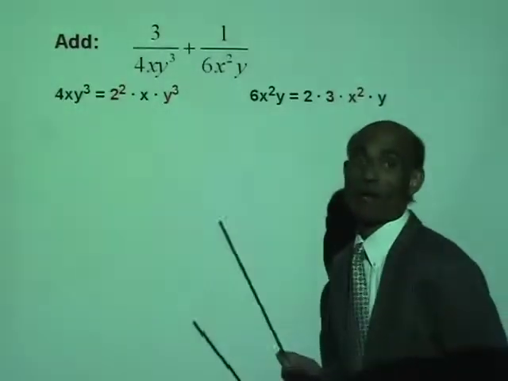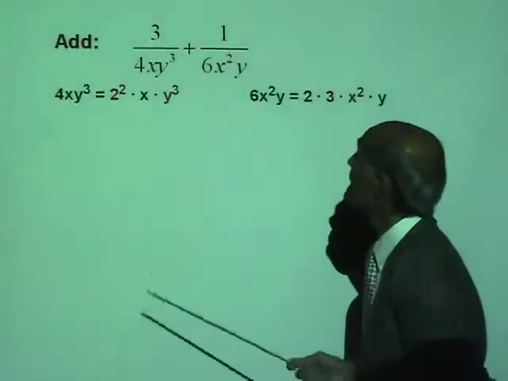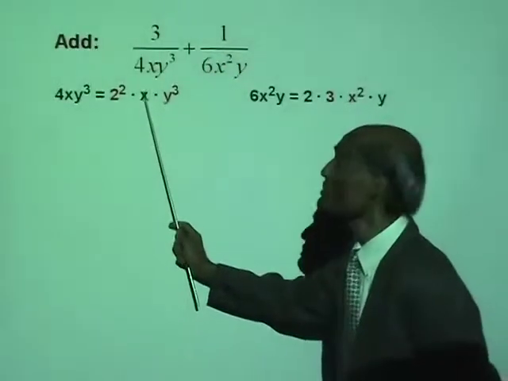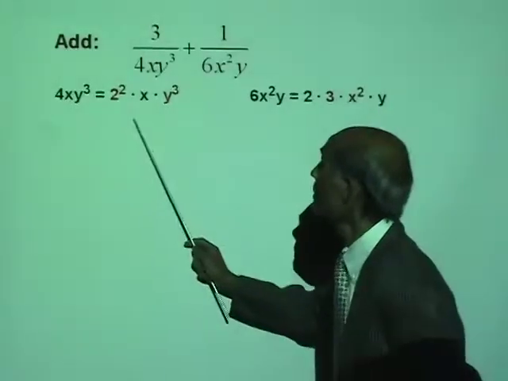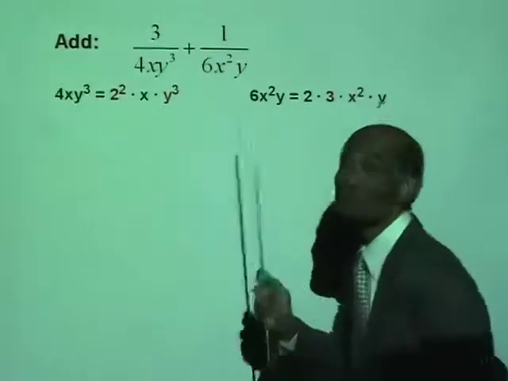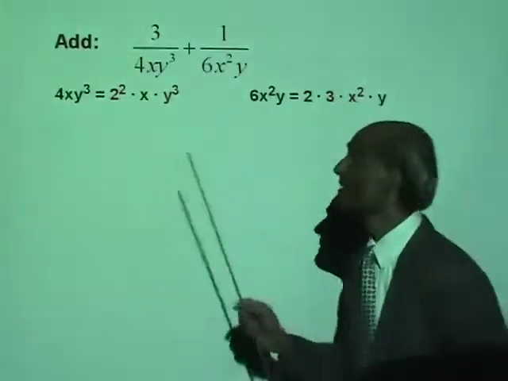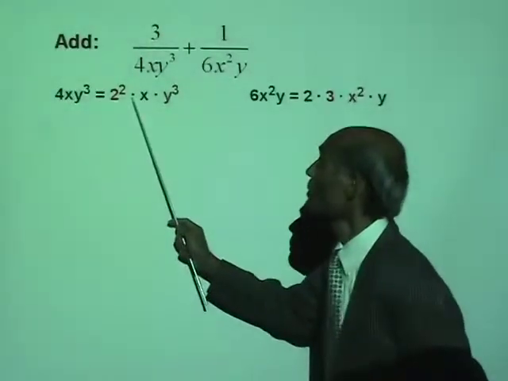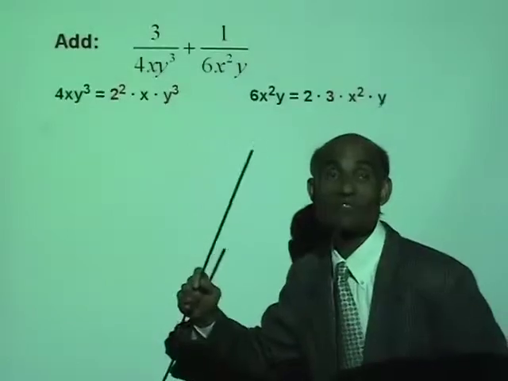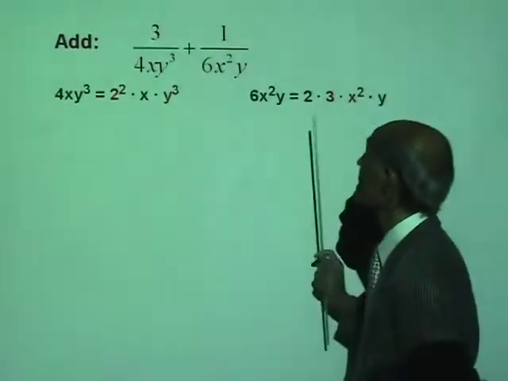Okay. Now look at the way I'm going to pick the LCD and look at these numbers. 2 squared, 2. We will pick 2 squared, the bigger one. And then there is a 3 left. So our LCD will contain 2 squared times 3.